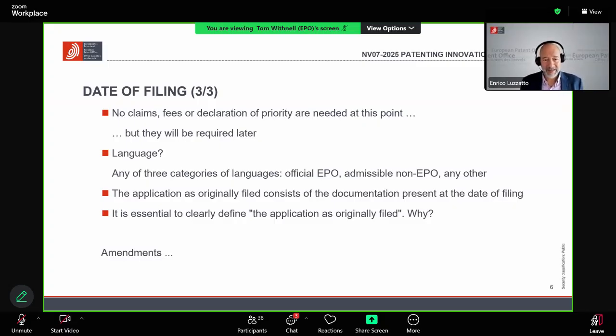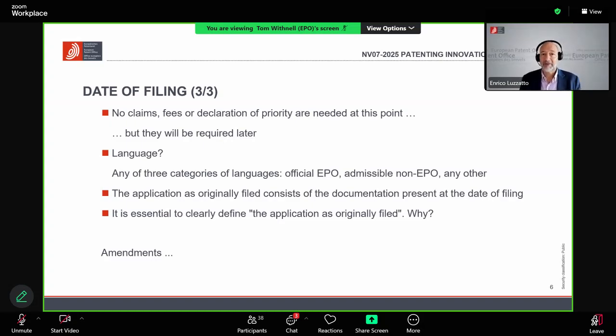We need to define exactly what the application as originally filed is. Why? Because you are limited in the possibility of amending your application. In the course of the examination, you'll see one of the reactions of a patent applicant is to file amendments. And these amendments are strictly confined within the boundaries of the content of the original filed application.